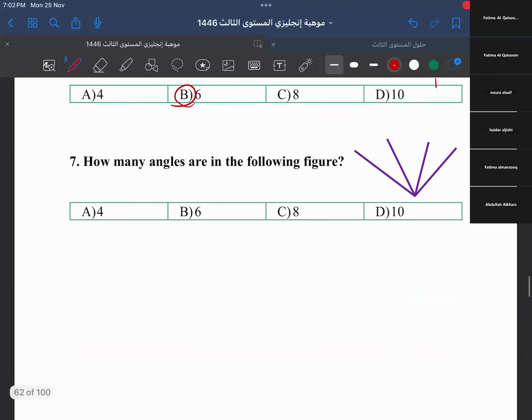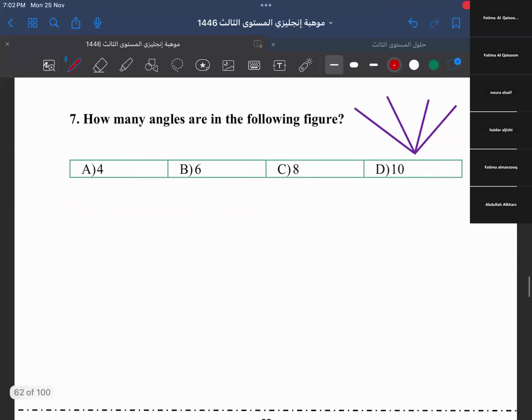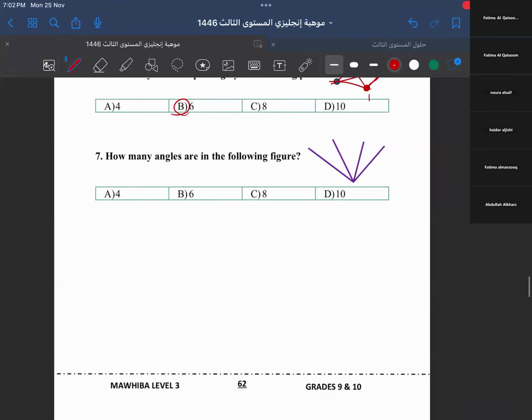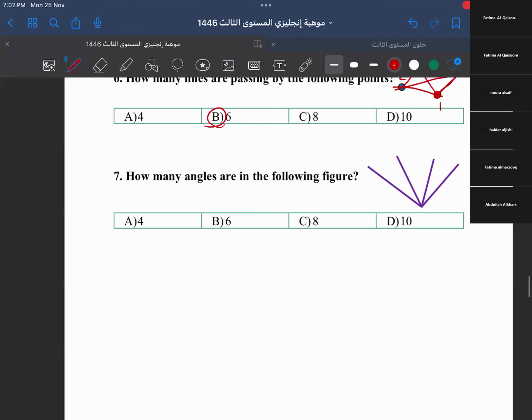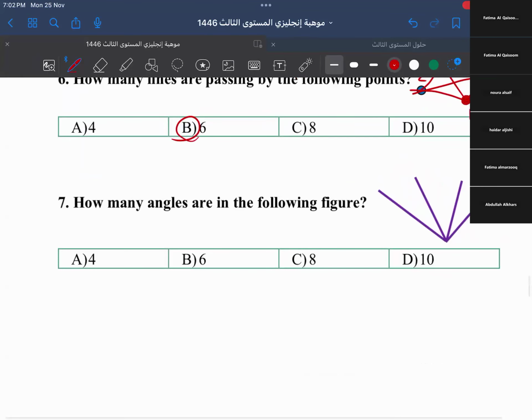Okay. Yalla. Question 7, which is, I think, the last one. How many angles in the following figure? Try to use the formulas that we learned.